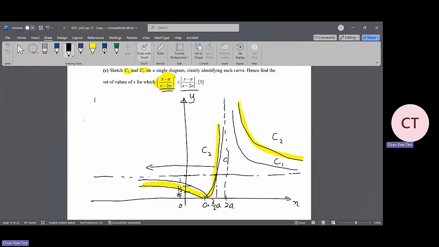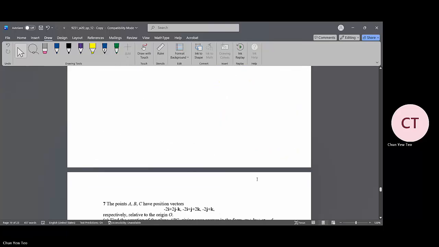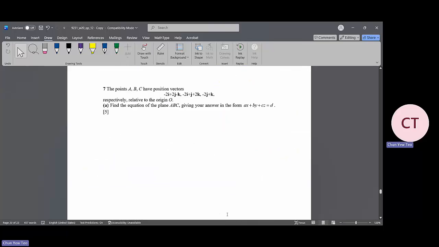Okay, so therefore from the graph, you can see that your x will be less than or equal to 3/2a. Just like that, done. So this will be the answer for question number 6. And move on. We have question number 7.